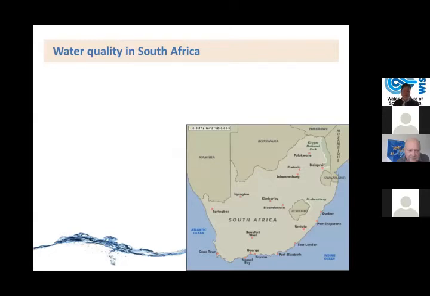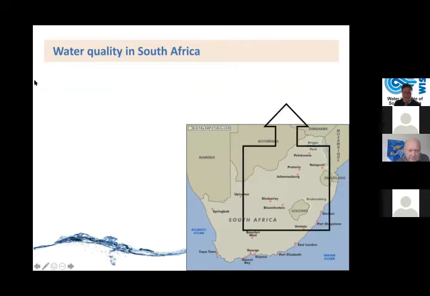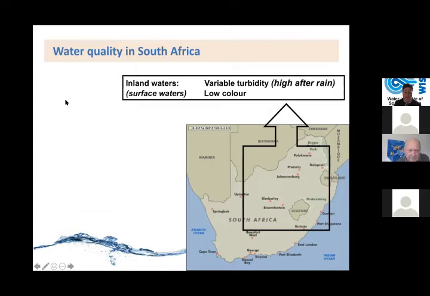So on this map of South Africa, we can see there are basically three distinct zones that we can divide the country into. In the central to northern zones, your inland waters, basically surface waters, would contain turbidity, like clay turbidity, mud, surface and ground runoff that lands in the river.